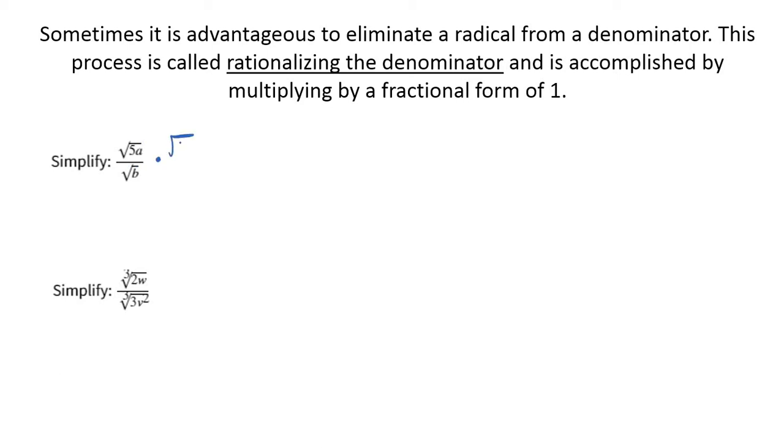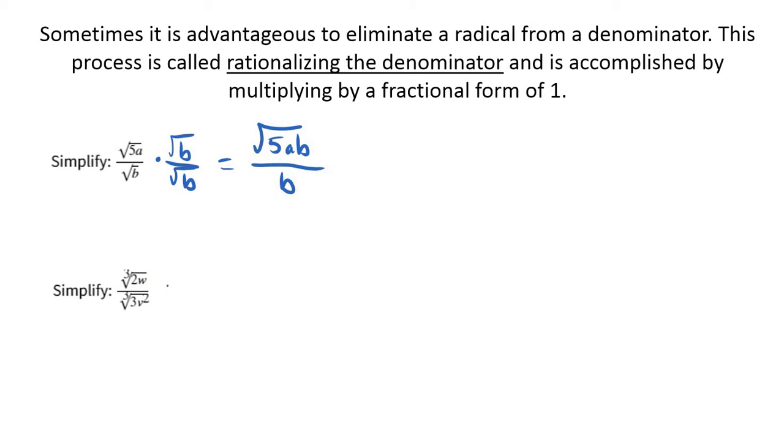Well, what if I multiplied by square root of b over square root of b? Notice square root of b over square root of b is just 1. Well, on top, I would have square root of 5ab, just using that multiplication property we just looked at. Now what's square root of b times square root of b? Well, square root of b squared, or just b. Notice no radical on the denominator anymore.